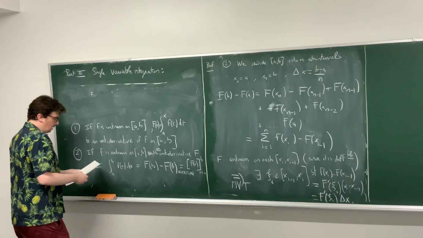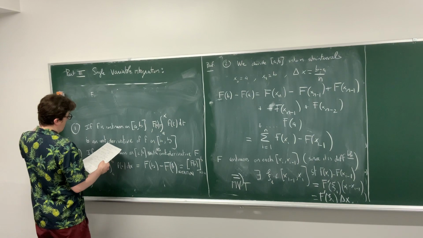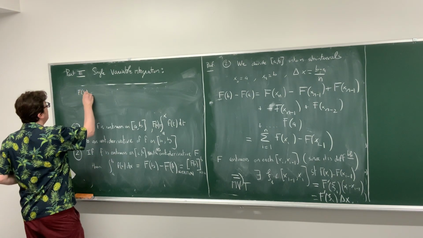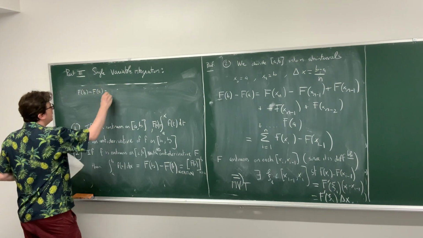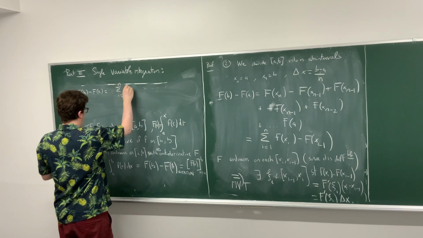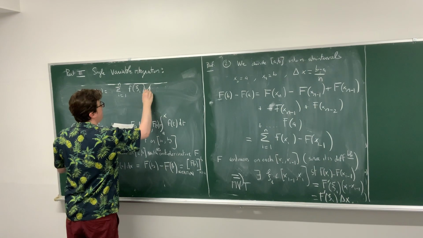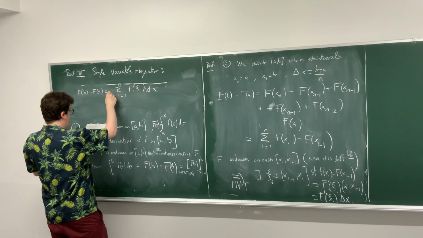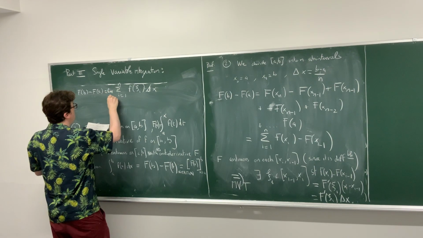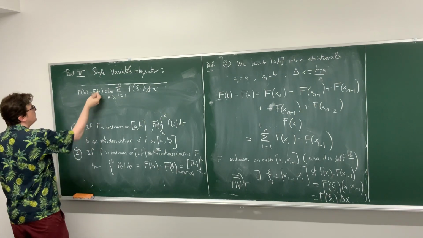So basically, you have shown that F of b minus F of a is equal to the sum for i equal 1 to n of f of ci delta x, and then you can take the limit when n goes to infinity on each side, and this is a constant.